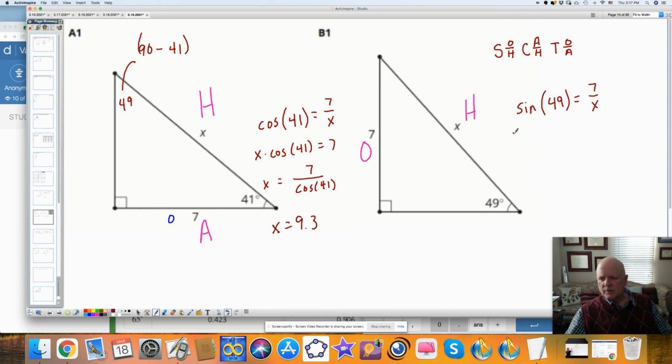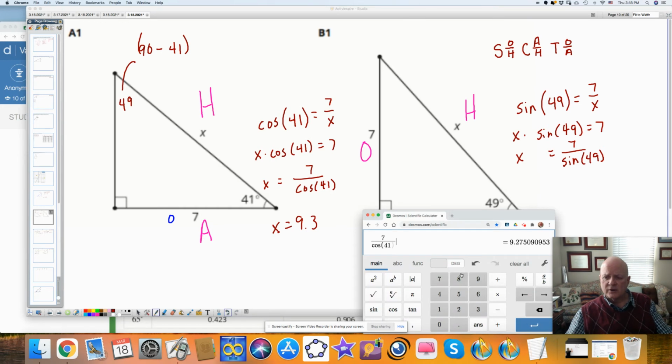Here, cross multiply. X times the sine of 49 is equal to 7. Do the inverse operation. The inverse of multiplying is dividing. I divide both sides by sine 49. I get 7 divided by the sine of 49. And when I plug this into my calculator, 7 divided by the sine of 49, I get 9.3.